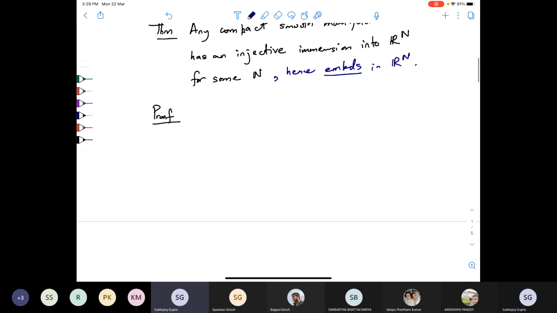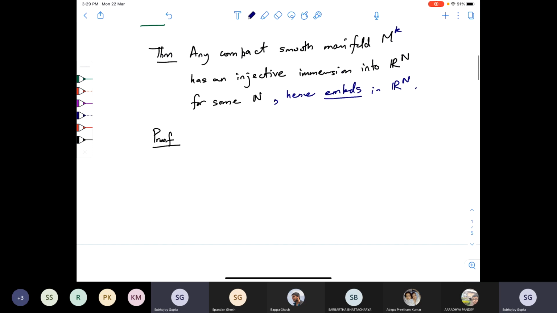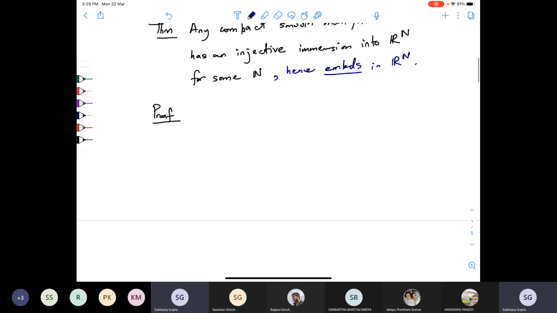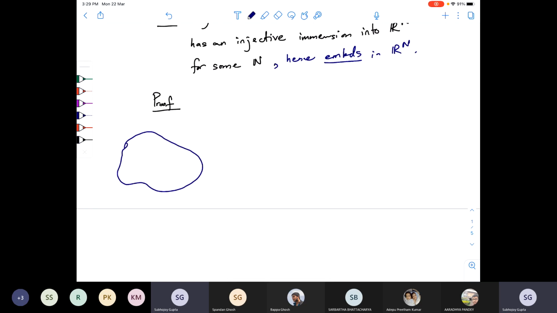Okay, so how do you show that? Well, here's maybe a sketch. Here's M, and it's a compact space. So you can cover it with charts, and you only need finitely many charts to cover it because it's compact, right?